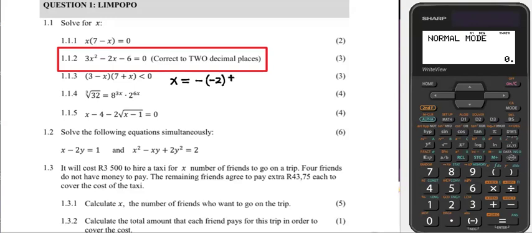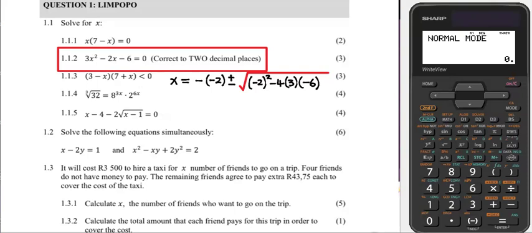Then it says plus or minus. It has to be the square root of something. All right. It's going to be the square root of B squared. Like we said, B is negative 2. And then minus 4A. The A we can tell is 3. And then times the C, which is a negative 6.